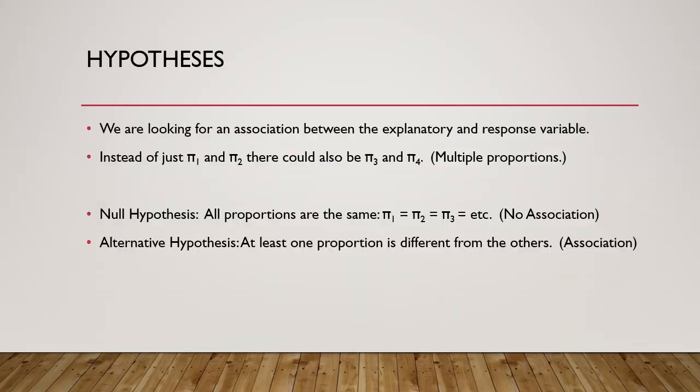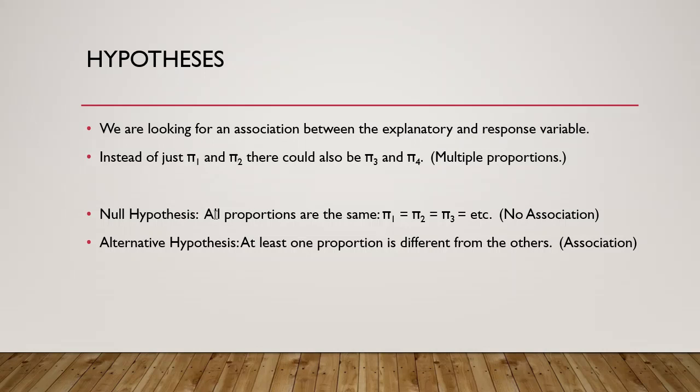Okay. When we set up our hypotheses, instead of just having pi 1 and pi 2, the true proportion for group 1 and the true proportion for group 2, there could be a pi 3 and a pi 4. So we call this multiple proportions. We're still looking for an association between an explanatory and a response variable. And for our null hypothesis, before we always just said pi 1 equals pi 2.